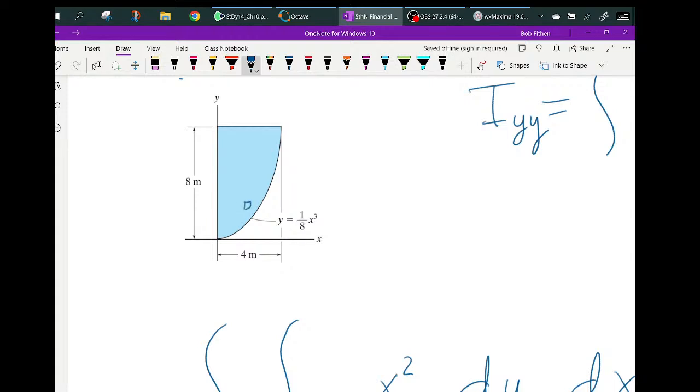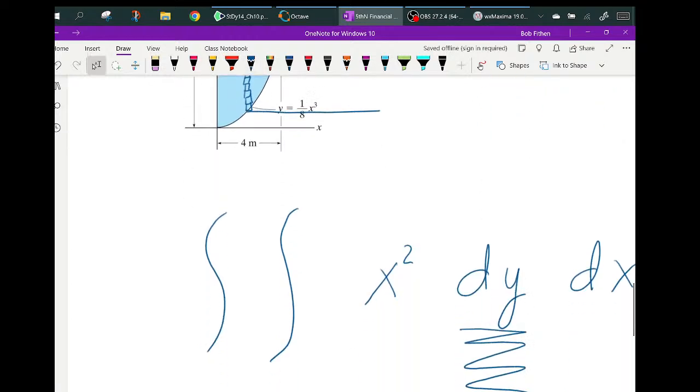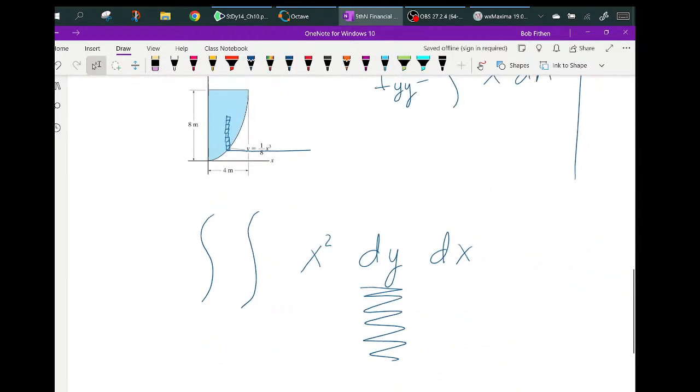So if you're taking your bar and you're running them up and down your Y, where are you running your limits to? You're starting your lower limit here. Let me get rid of the squiggly now. Your lower limit is at Y to 8.